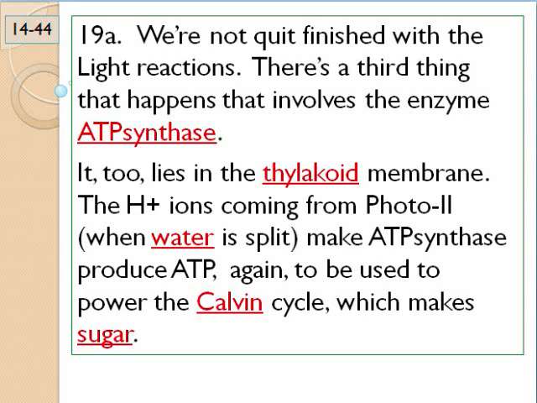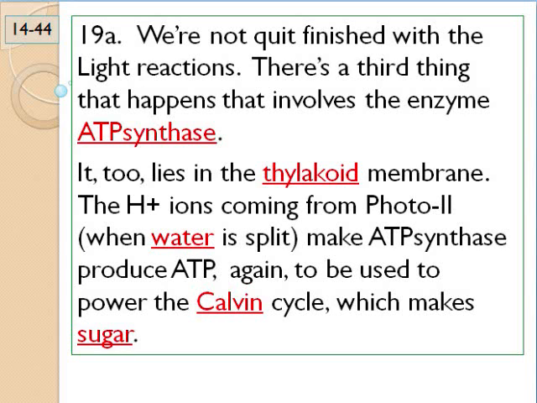There's a third thing that has to happen, using this enzyme called ATP synthase. You think it's making ATP or breaking it down? It's called synthase. It's making it. Synthesis is making it. Now, that enzyme is also in that membrane that forms the thylakoid.